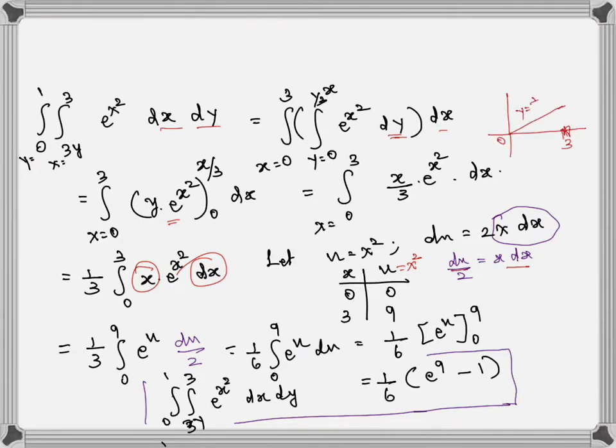If you look at this new figure I have drawn, it explains better how we come up with these new limits. We have not changed the region, only the limits. Now x runs from 0 to 3, and y runs from here to here, from y equal to 0 through y equal to 1/3 of x.